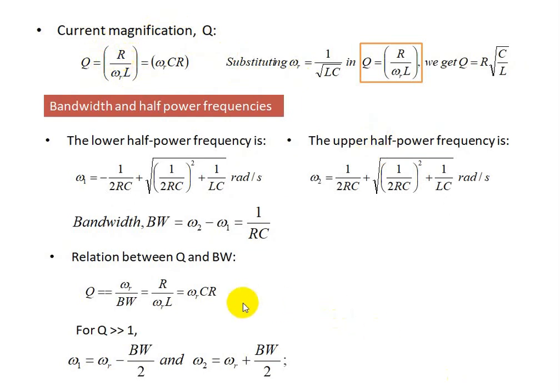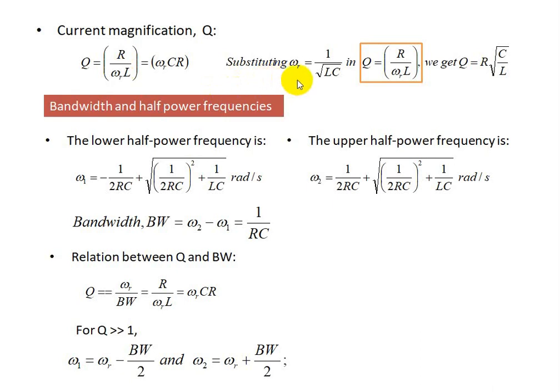So current magnification Q, it's also called as Q factor. It is given by R by omega R into L, which also will be equal to omega R C into R. If you compare this with the Q factor of series RLC circuit, it is just inverse of that.